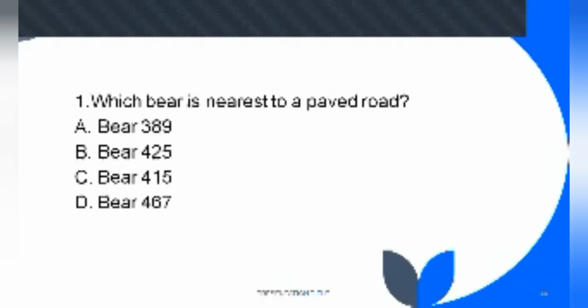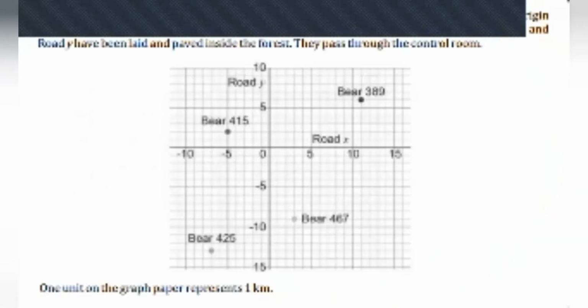We can have MCQs based on this. With this, the child will be able to find all the concepts on the graph paper. This is how we can show that coordinate geometry is very important to locate things in real life.